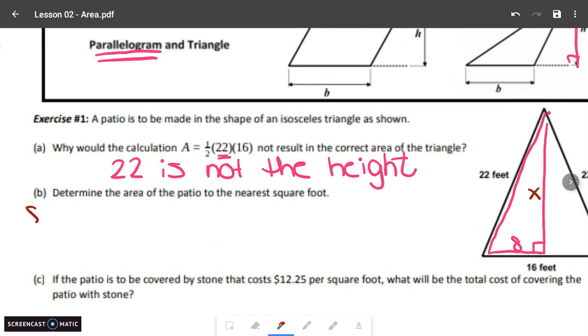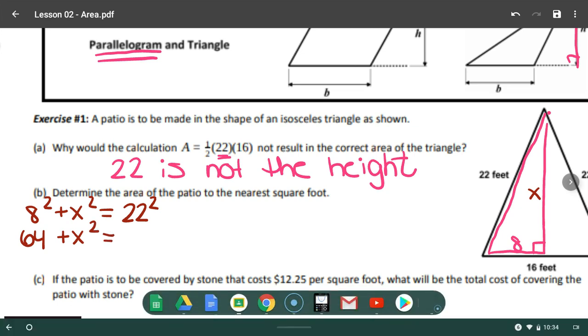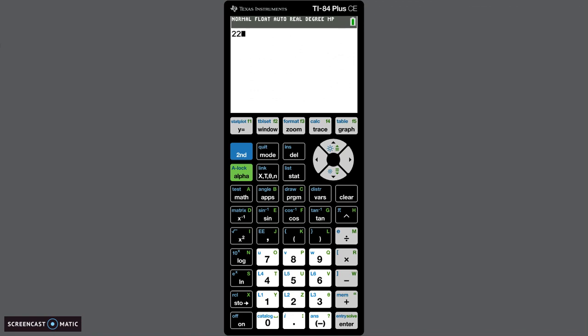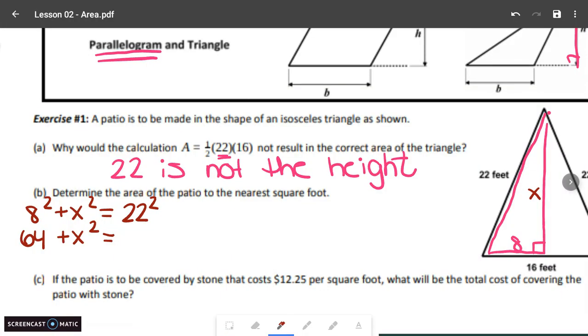Now, 22 is the hypotenuse, so we're going to have 8 squared plus x squared equal to 22 squared. It's 484. I subtract 64 from both sides. And I'm going to get the square root of 420.